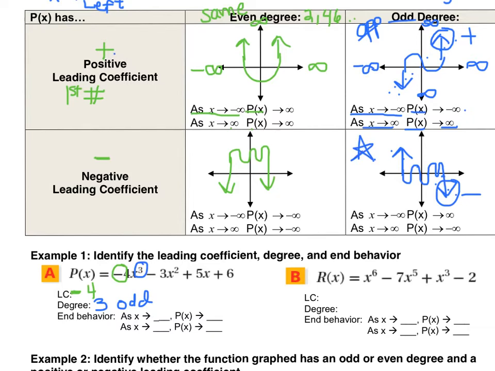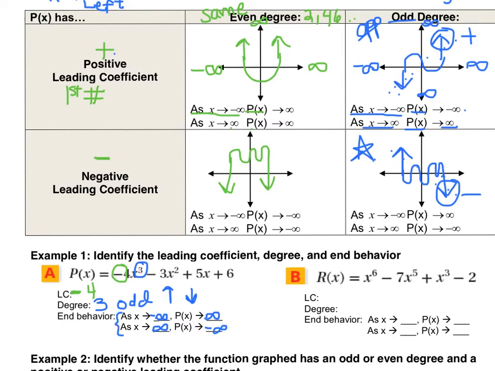That means that one arrow will point down, the ending arrow, and the first arrow will point up. They're opposites. If you fill out the little symbols, you would put as x approaches negative infinity, the graph goes up, and as the graph approaches positive infinity, as it goes to the right, the graph points down.